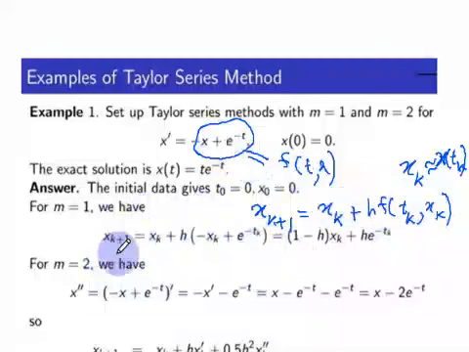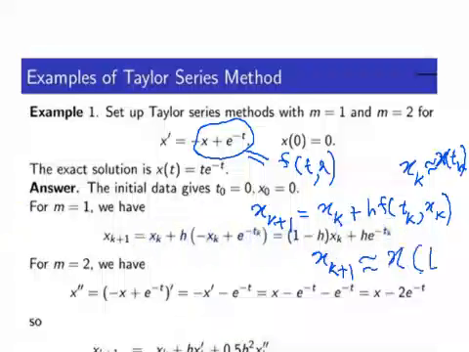So this is x k plus 1, or you can simplify this, which is this. This is an approximation of x of t k plus 1.